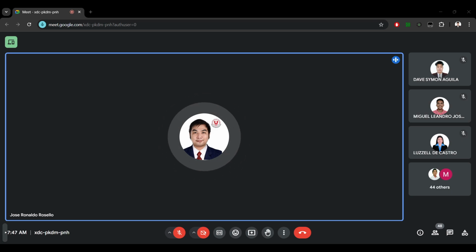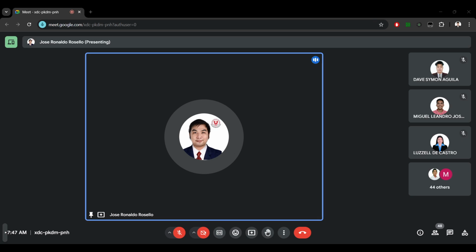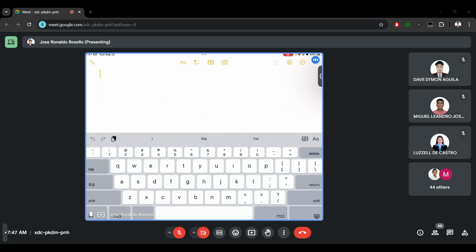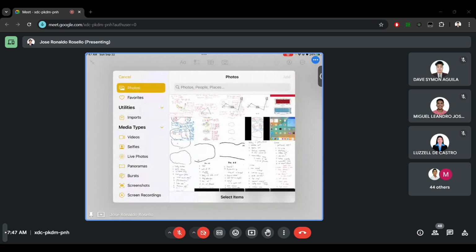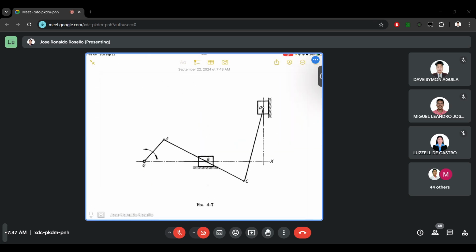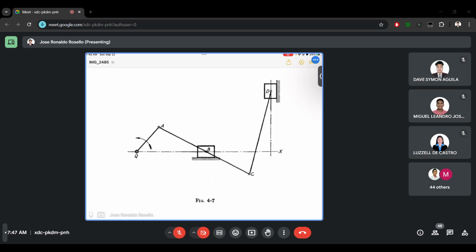Let's use the same figure as yesterday for you to see that for any method, the results will be the same. Alright, so let's use the same figure but now using a different method of computation.